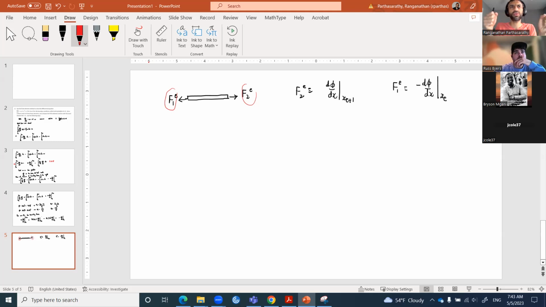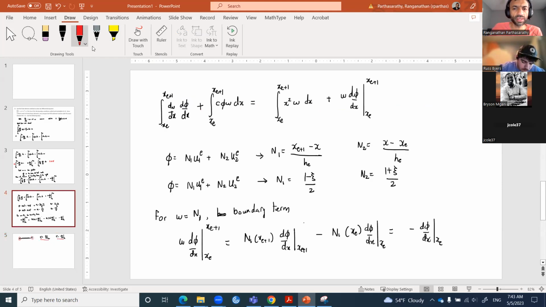When it is elongating, you can imagine the force on the right has to be towards the right, and the force on the left has to be towards the left, right? Then only will it stretch. That's why we have to give these two boundary conditions. There is a negative sign there. Therefore, if you go back there, this becomes F1e.